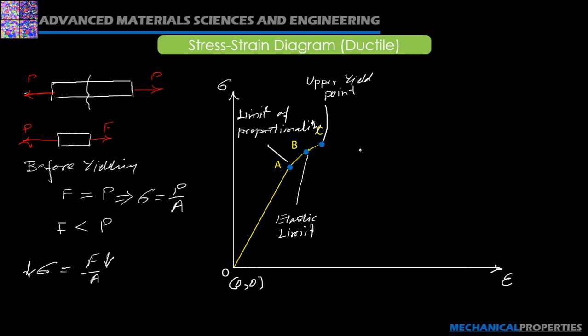Now if by further application of the load, let's say till point D, this yielding continued, the strain is increasing but stress is decreasing. Now this point is known as the lower yield point of the material.